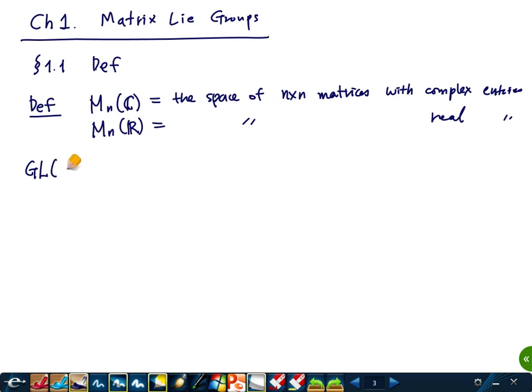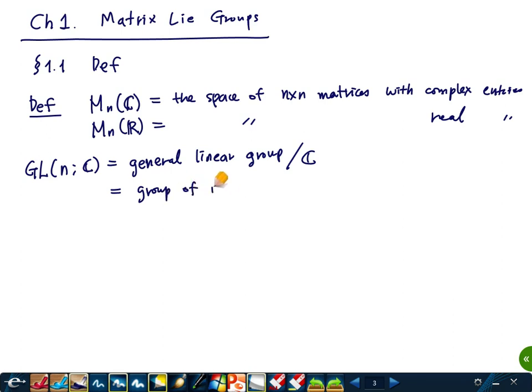And we've already seen this before. GL n C is the general linear group over C, meaning the group of invertible n by n complex matrices.